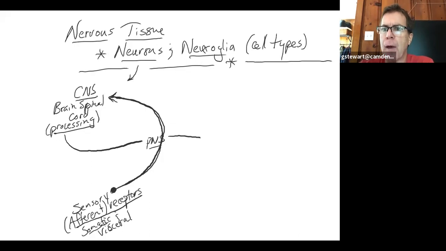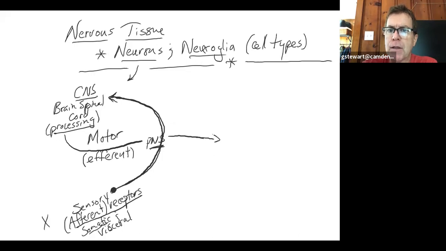And the reason I'm going back through PNS is now this is still part of the peripheral nervous system. We call this the motor, efferent or efferent division that sends an impulse away in response to this initial, you touch your finger on a hot stove.